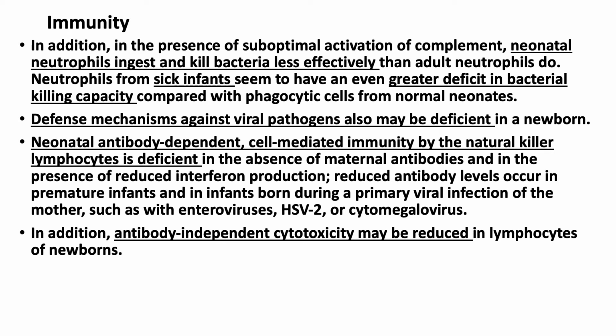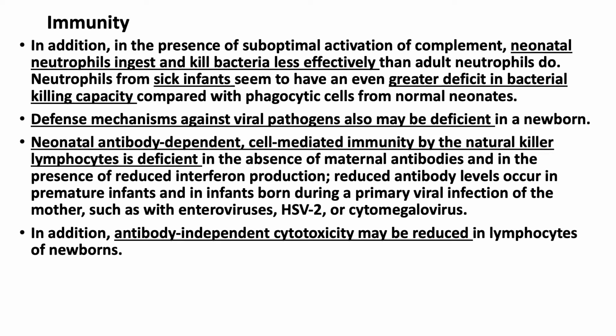In addition, in the presence of suboptimal activation of the complement, neonatal neutrophils ingest and kill bacteria less effectively than adult neutrophils do. Neutrophils from sick infants seem to have an even greater deficit in bacterial killing capacity compared with phagocytic cells from normal neonates.